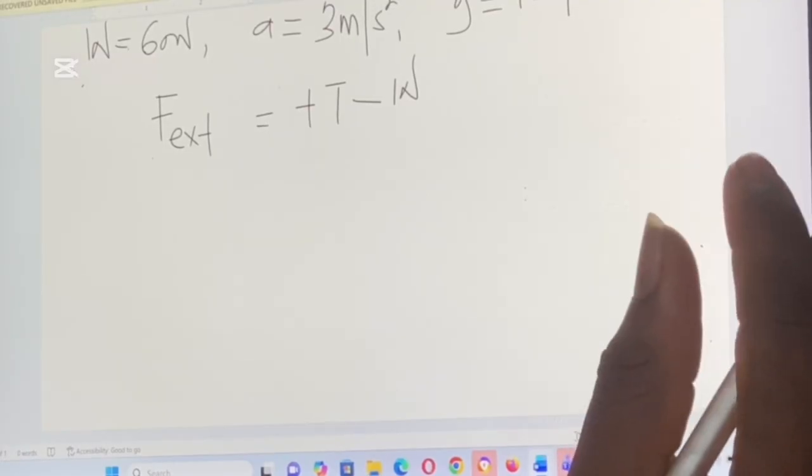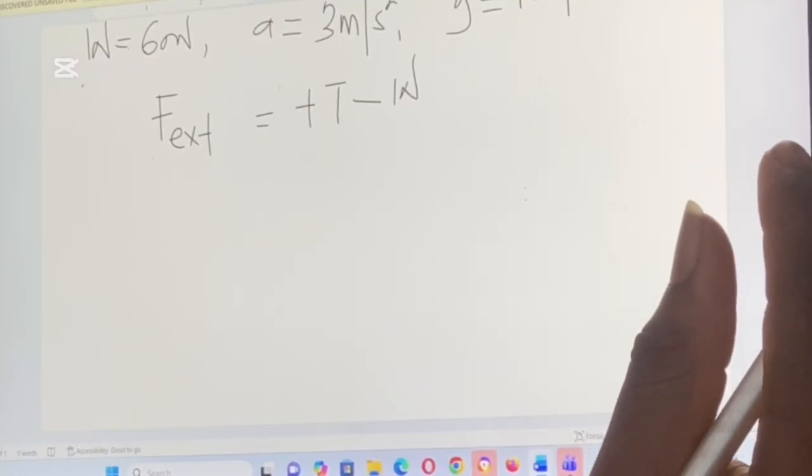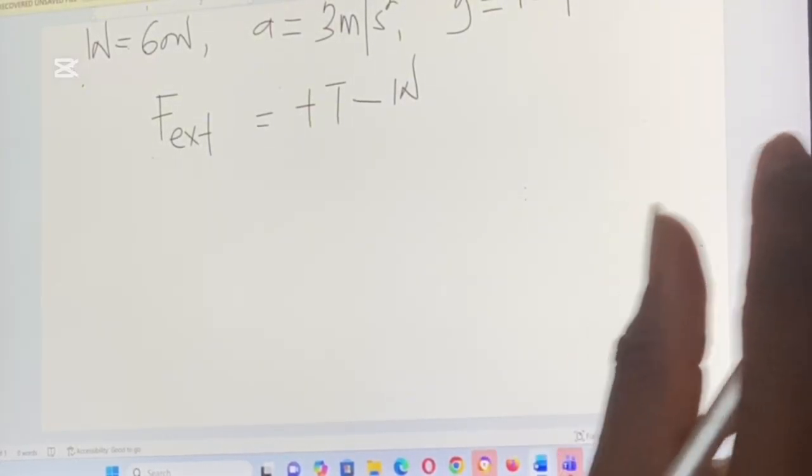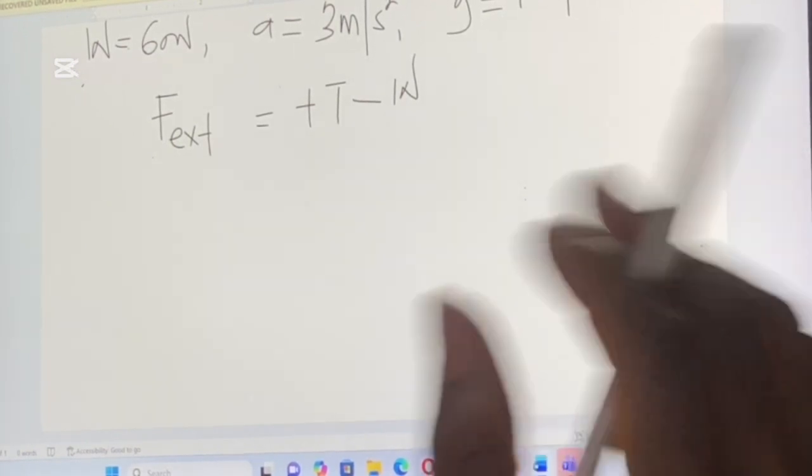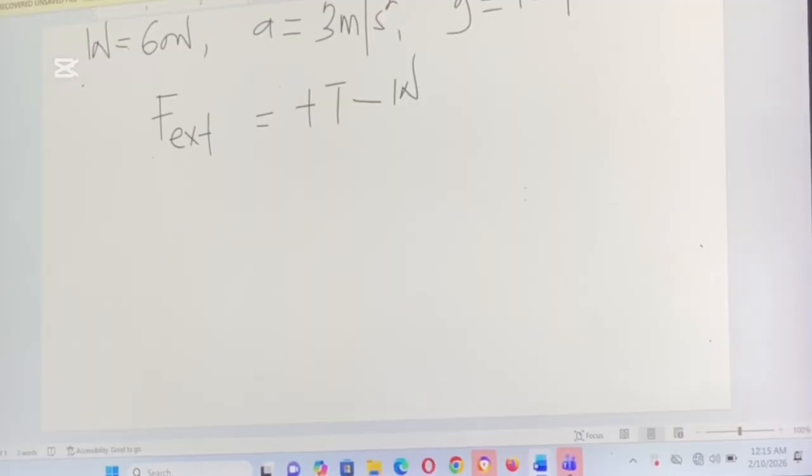Either I call it elevator or I call it lift. This is how we form the equation of an elevator or lift. The first thing is to identify the direction of the system of the elevator depending on the equation. Please take note. If the equation is saying upwards, that means the elevator is going up, so the external force should be acting up.